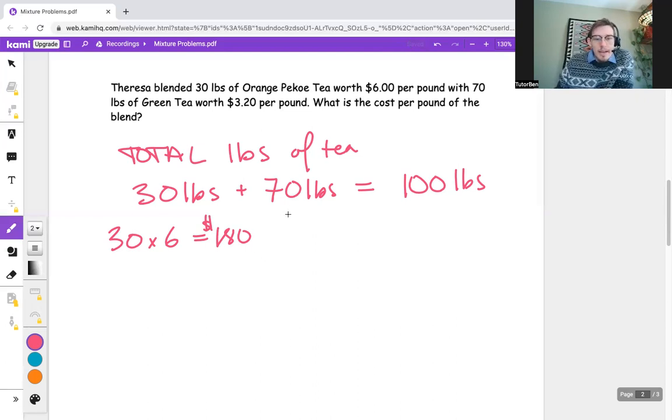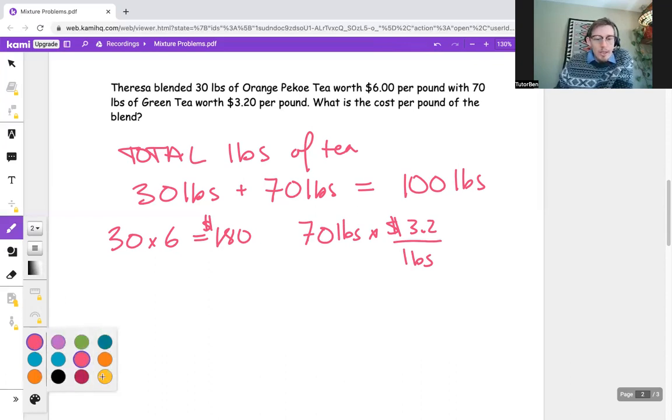We'll do that again for the 70-pound tea. So 70 pounds, and if you're curious about the units, why this comes out in dollars: this is 70 pounds, lbs, times the price of the tea, which is $3.20 per pound, over lbs.